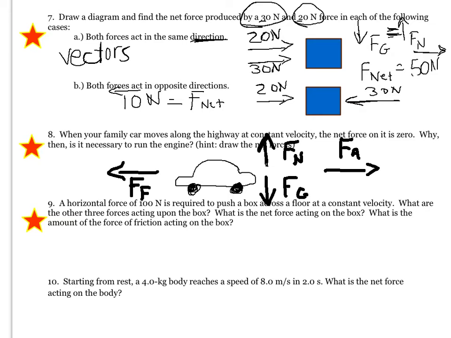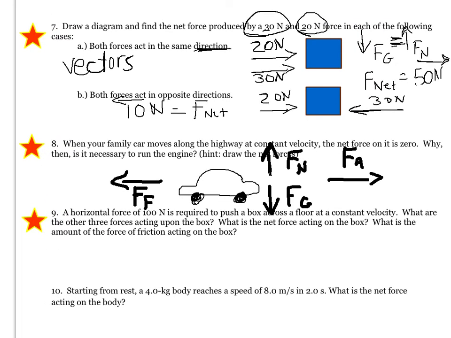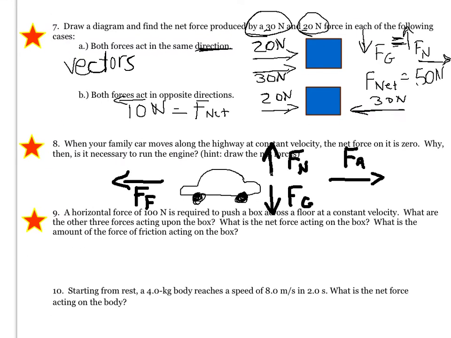Okay, here's another. We're actually going to borrow the box from above. We'll take this box. Well, we'll just make a new box, and we want to talk about the horizontal force that is acting upon the box. We'll make it horizontal in that direction. We're going to give it a value of 100 newtons.